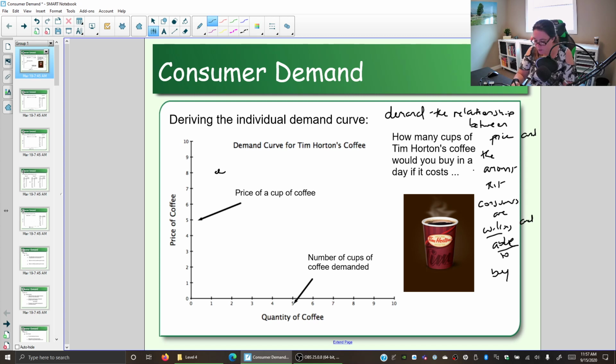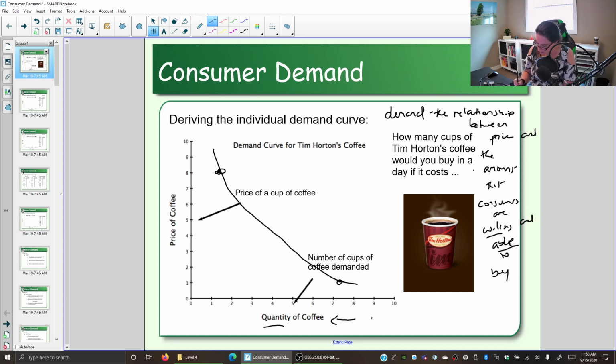So we have shown that at high prices, the quantity that consumers are willing and able to buy is going to be much lower than at low prices, the amount that consumers are willing and able to buy. So demand shows this overall relationship. It shows how when prices change, the quantity demanded changes.